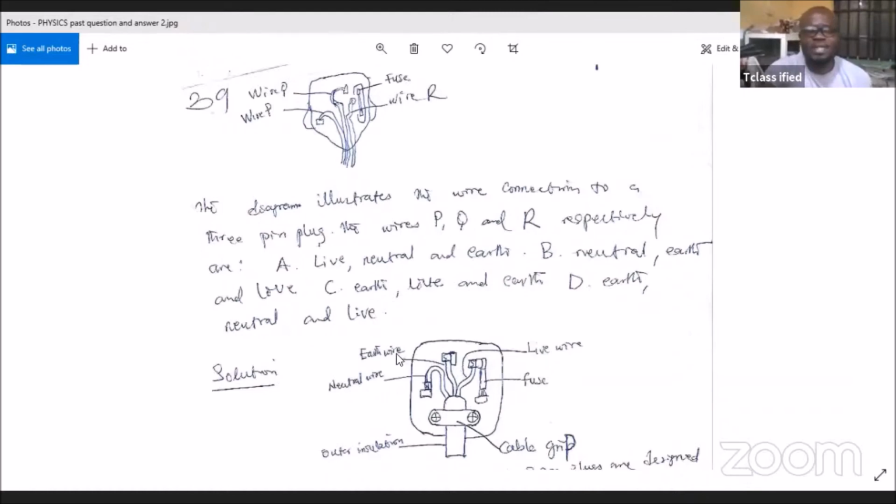The one in the middle is the earth, whereas the one that is connected to the fuse is the live wire. So that means P is the neutral, Q is the earth, whereas R, connected close to the fuse, is the live wire. So with that, which option do you think is the answer?